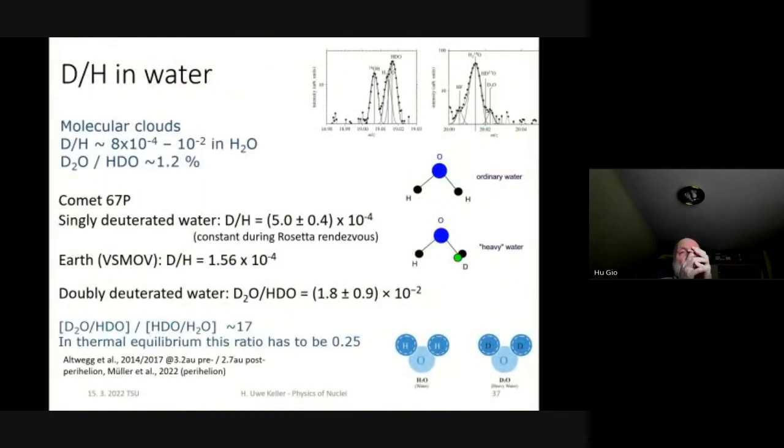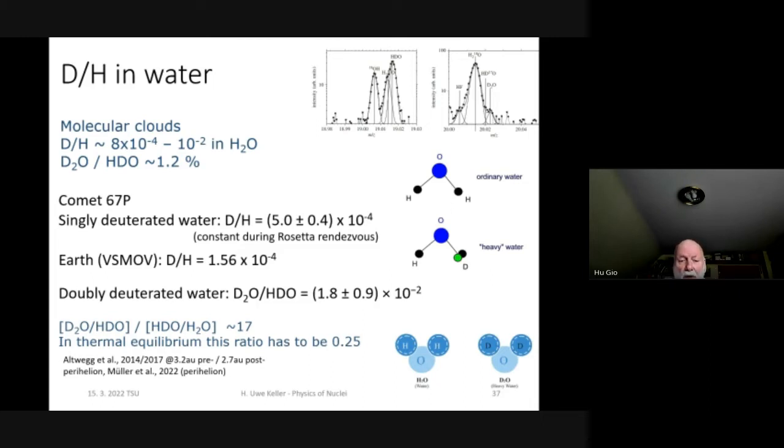So let me now go from the physics of the cometary nucleus to the chemistry of a comet, and there one of the important parameters observed is the D/H ratio. This was already discussed also by Marco, and the D/H ratio of 67P was very high, namely 5 times 10 to the minus 4, about 3 times as high as what you find on the Earth.